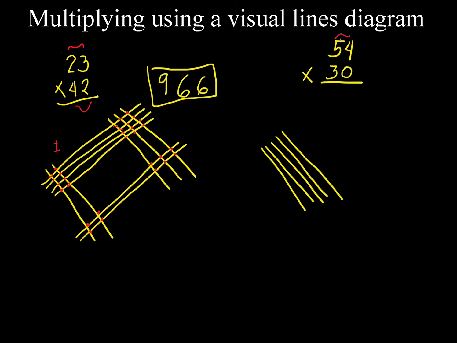Now, for our 4, we're just going to create just enough space. I'm just going to place it here. So that's going to be 1, 2, 3, and 4. Okay, now we're done with our 54. Let's proceed with our 30.